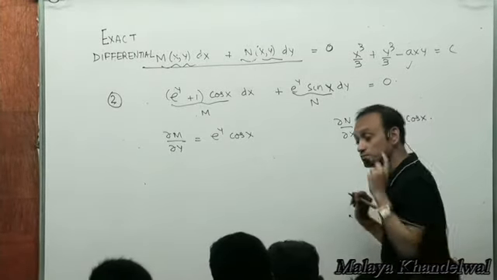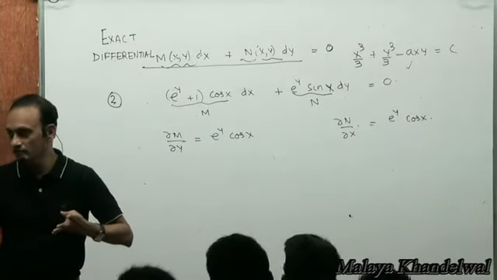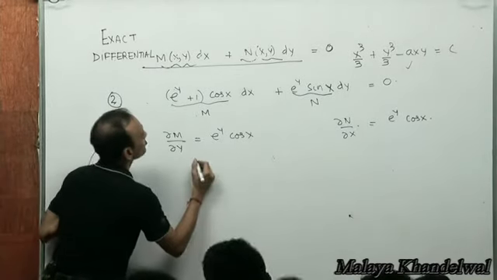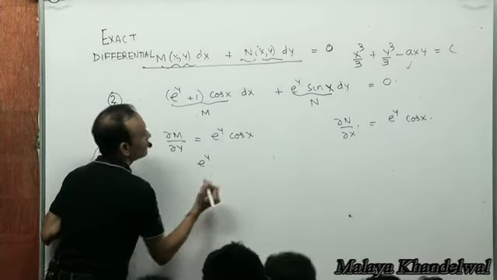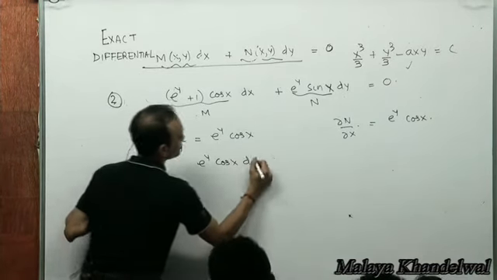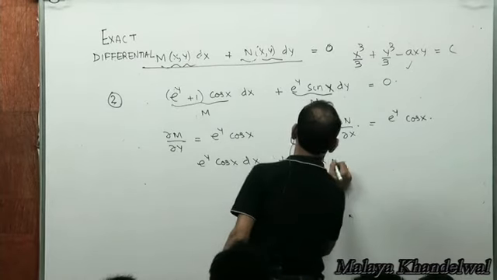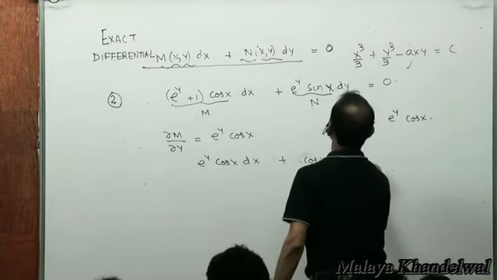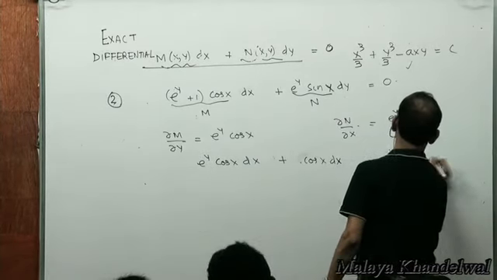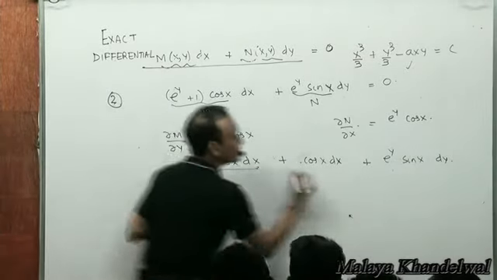So let's first solve it the legal way. So this is like e power y cos x dx plus e power y sin x dy. Club these two.